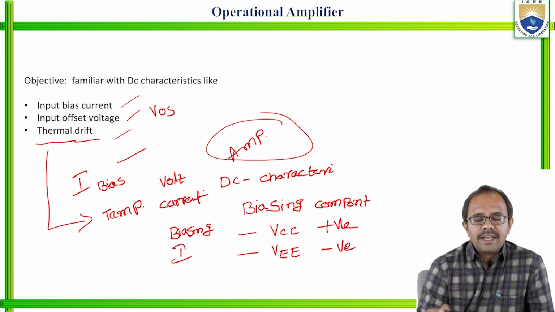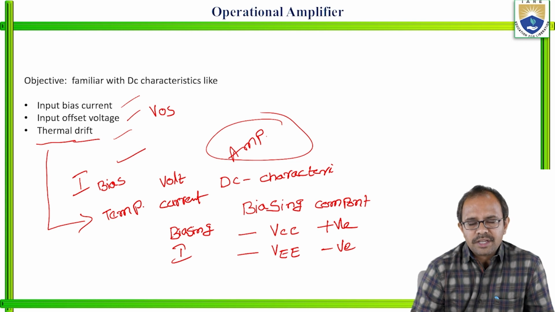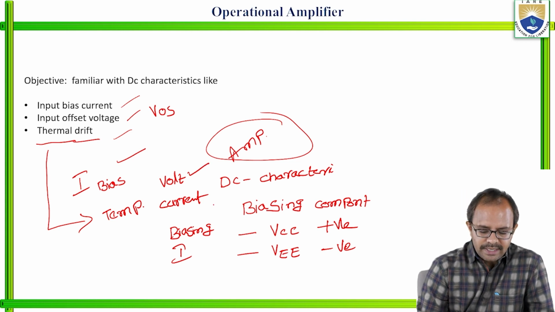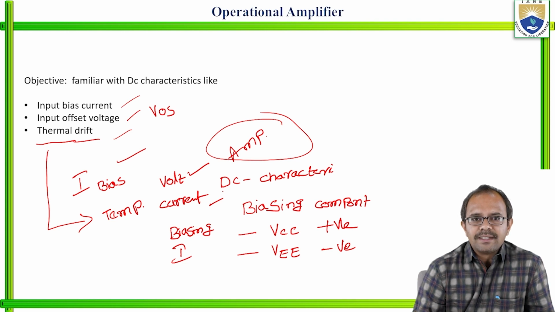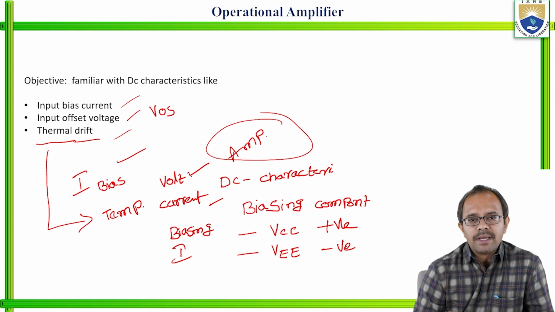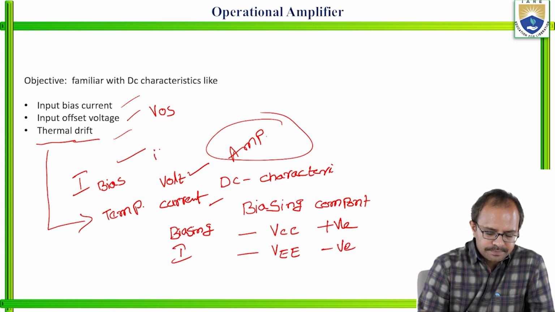If you consider any electronic circuit, fundamentally it is all about the voltage and currents associated with the circuit. And these two parameters may appear as input and output.